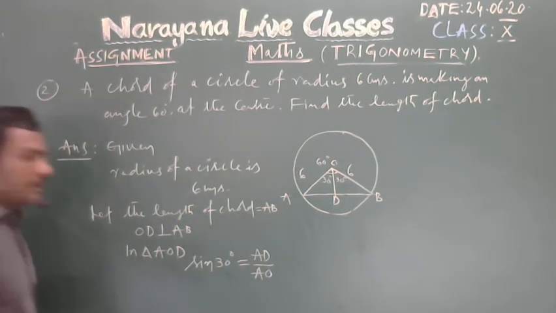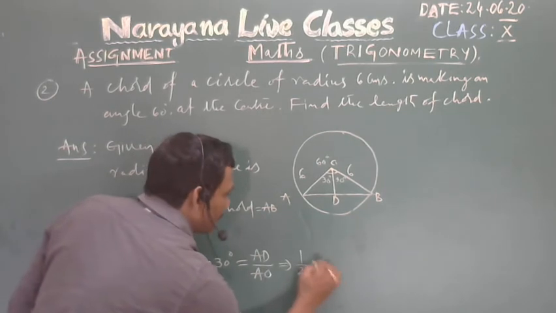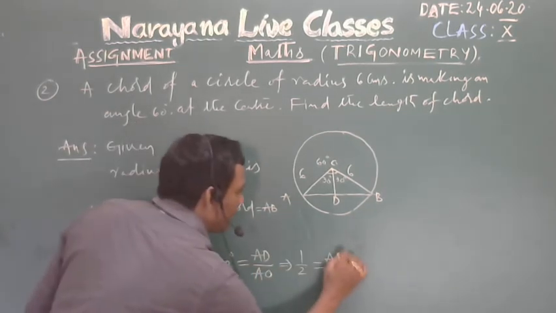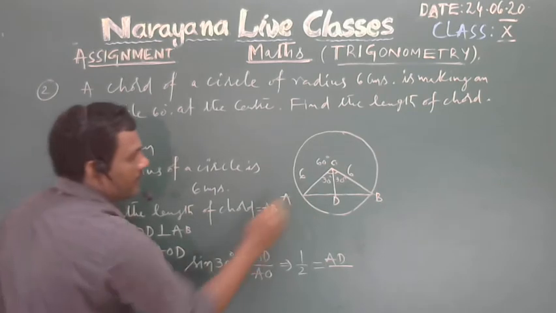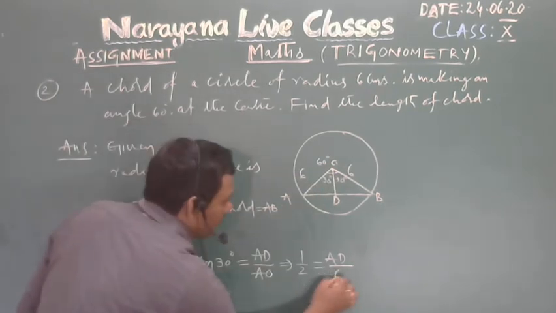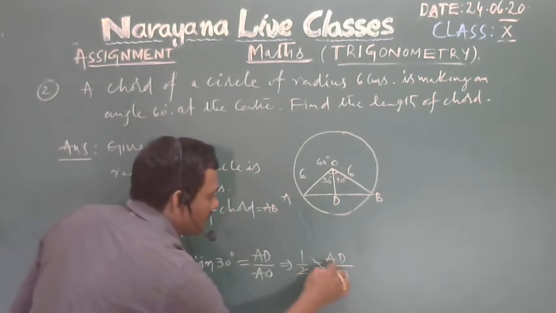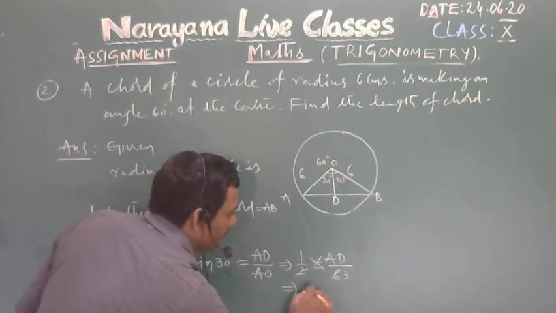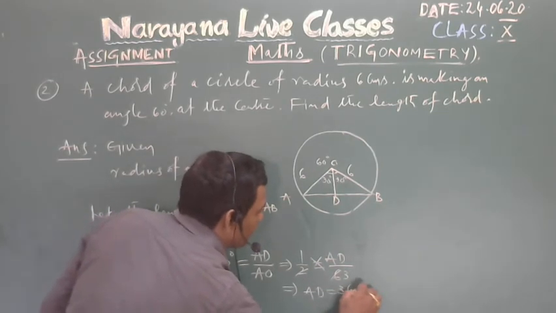Sin 30 is 1 by 2, equal to AD by AO, which is 6 centimeters. Cross multiplication: AD is equal to 3 centimeters.